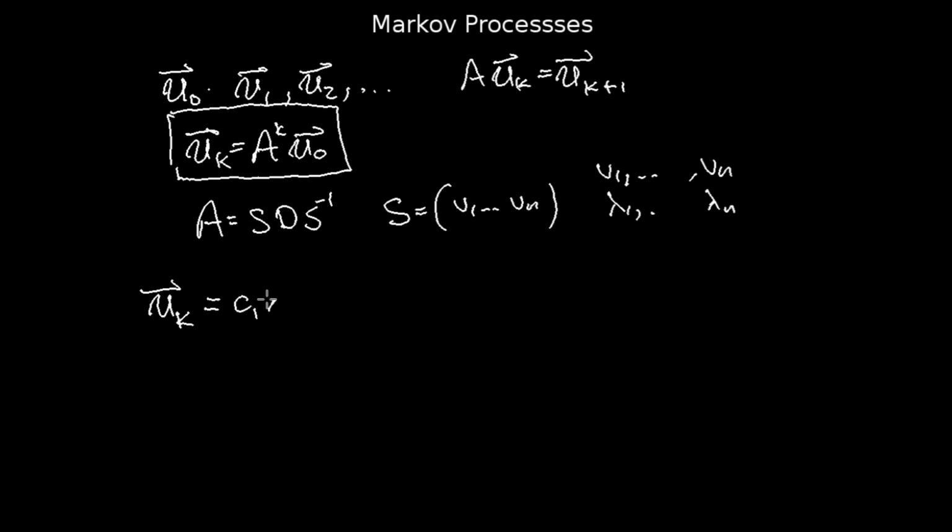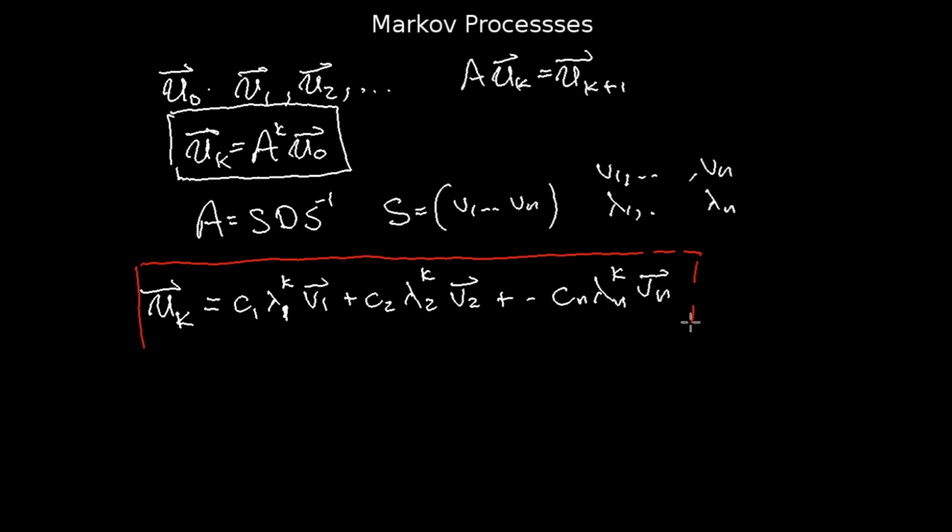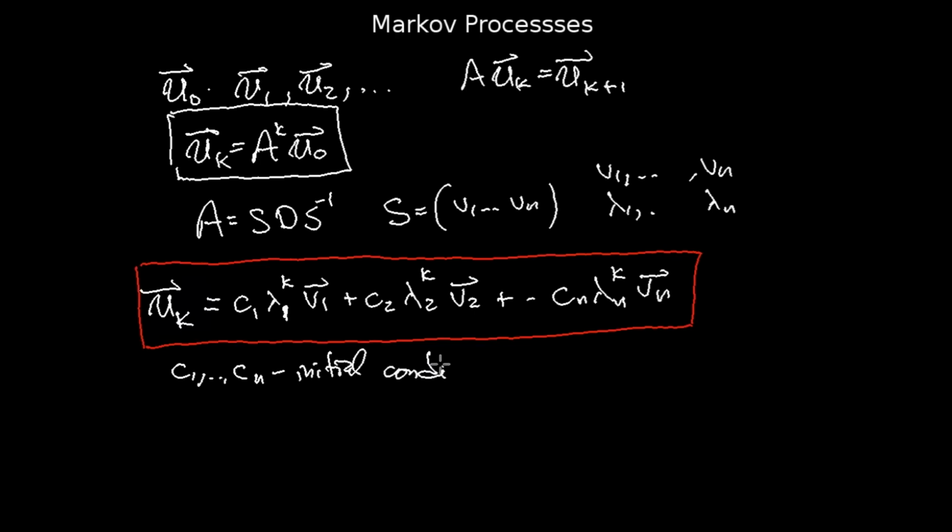It's some constant times a power of lambda 1 times v1 plus another constant times the power of lambda 2 times v2 plus and so on. This is what we've seen in a couple of special cases, and exactly the same thing works in general, where these constants c1 through cn depend on the initial conditions, the initial vector u0.